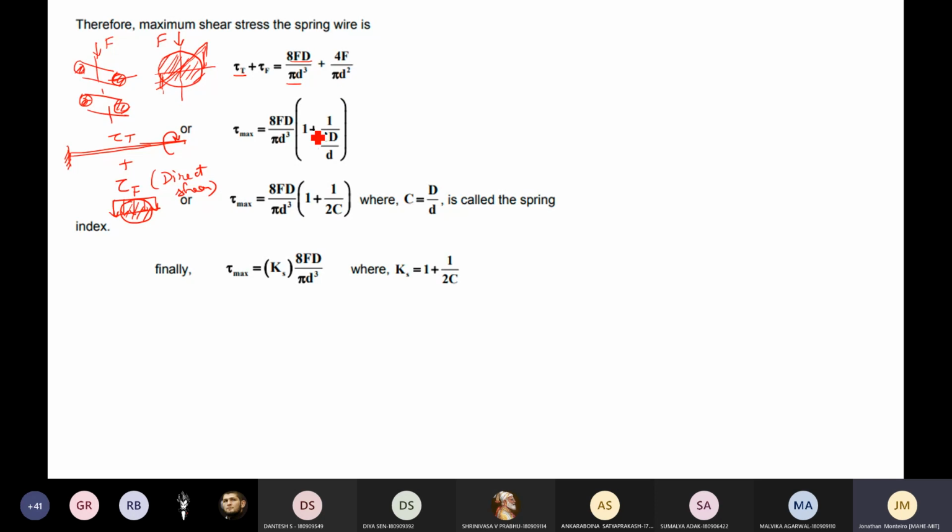Now, if I separate out the terms, it is 1 plus 1 by 2d by d. In other words, I'll get 1 plus 1 by 2c, where c is the spring index we recognized. And this tau max came out to be Ks into 8Fd by pi d cube. Maybe if you have already discussed this, you can just ignore it. But what I'm trying to tell here is, this is without wall stress correction factor, in other words, without the curvature effect.